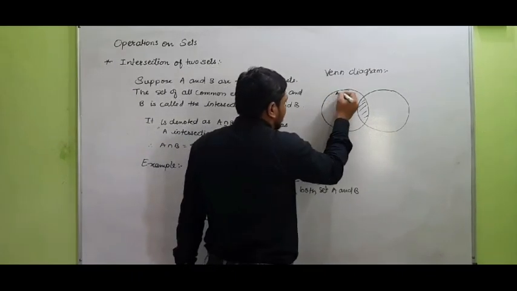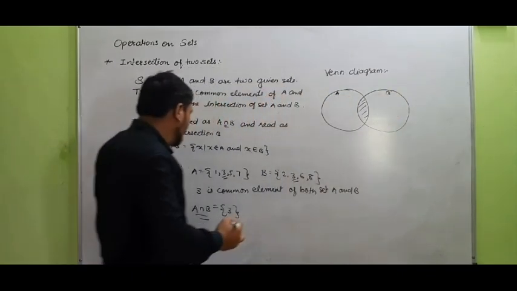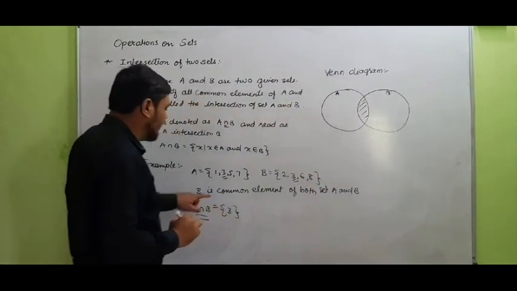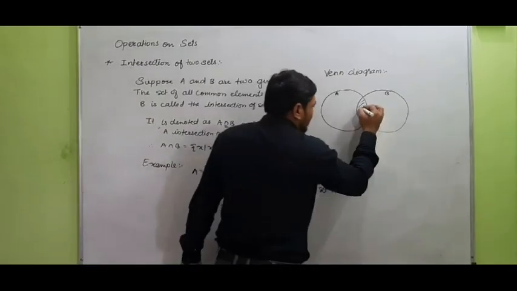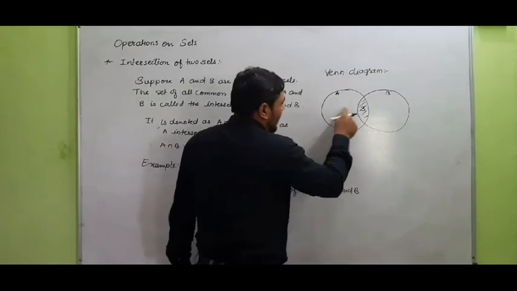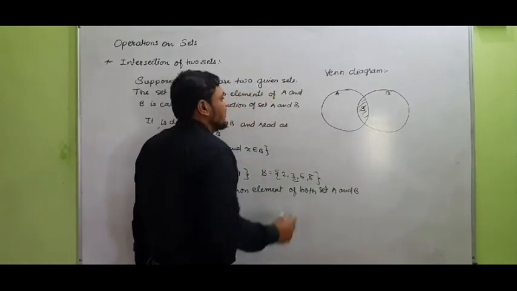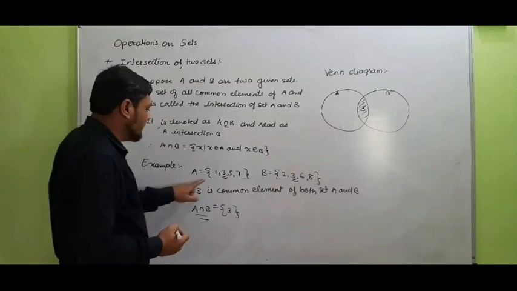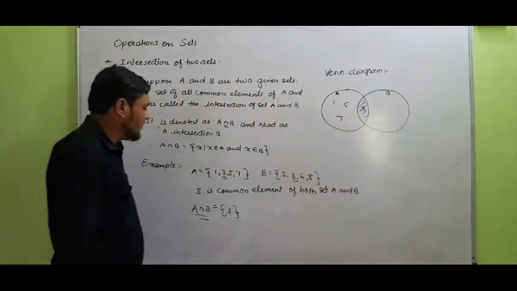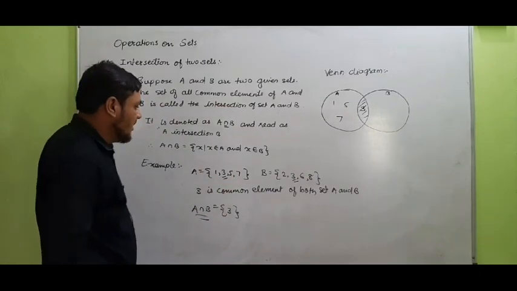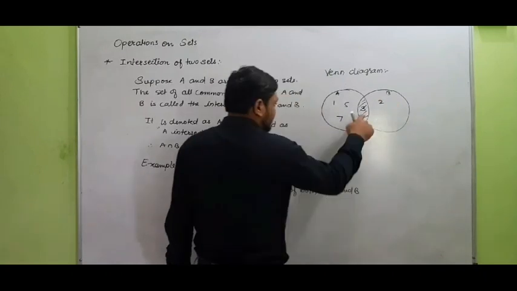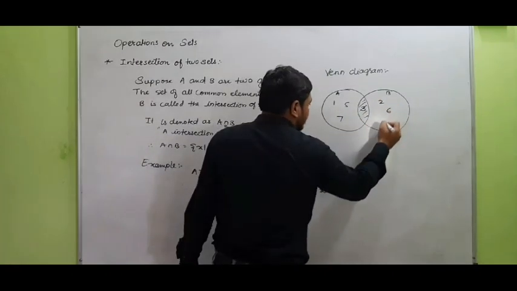Let us consider this set as A and this set as B. A contains the elements 1, 3, 5, 7. We write the common element 3 in the intersection part, because 3 is common to both sets. The remaining elements of A are written in A, so we write 1, 5, 7 only. Then we write the remaining elements of B, that is 2, 6 and 8, since 3 is in the common part.